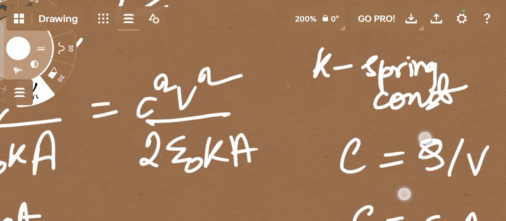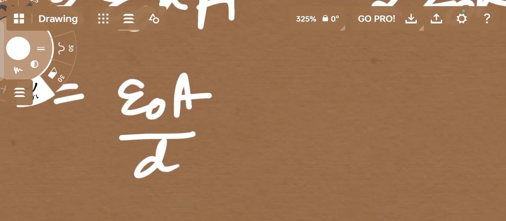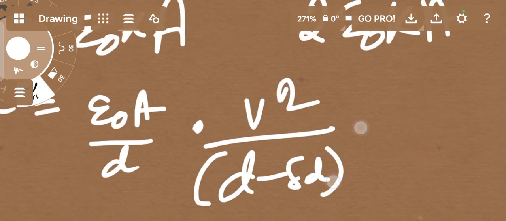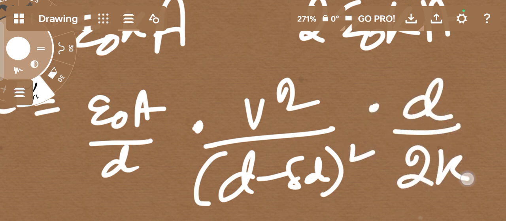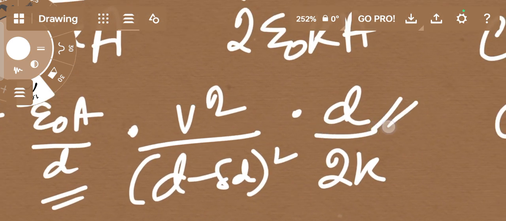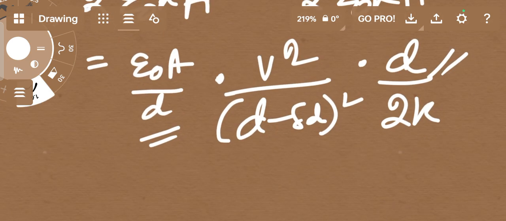Epsilon 0, yeah, in the denominator also it will be cancelled, so epsilon 0 into dV square by (d minus del d) square into d and 2k. We have adjusted with the d in numerator and denominator, you will see why.